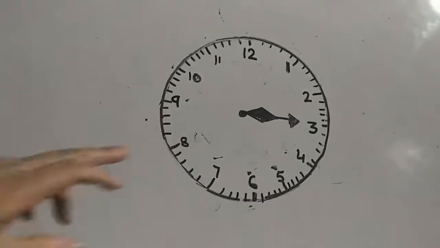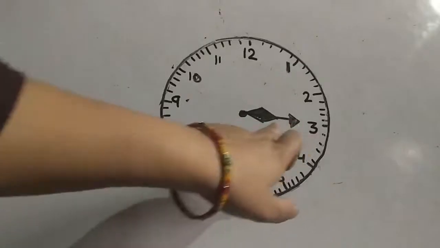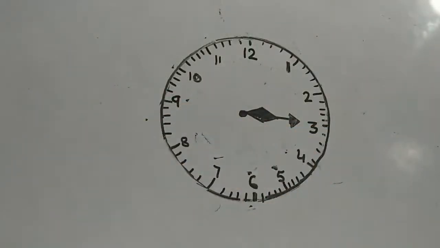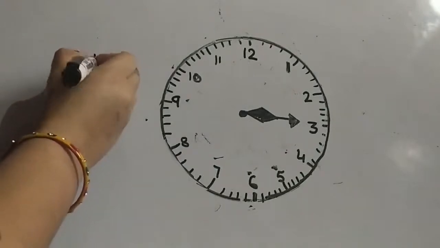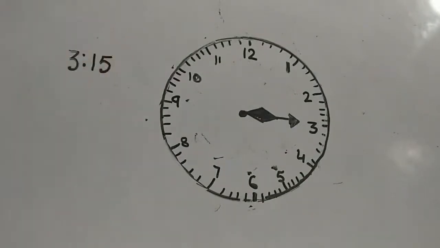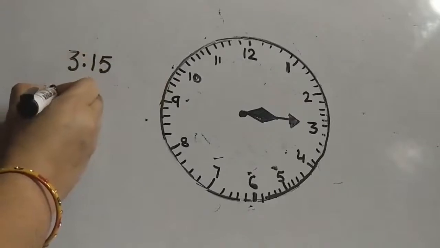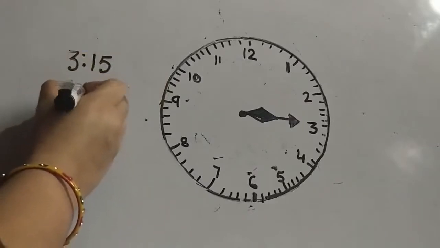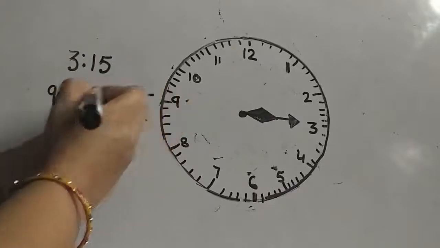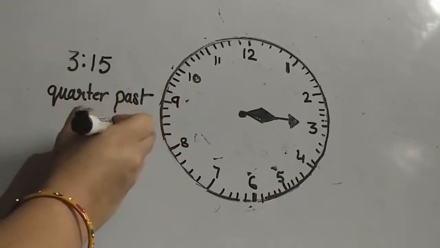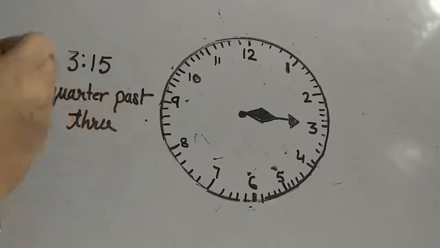Now both the hour and minute hands are in 3. So how will we write it? 3 hours 15 minutes, or we can say quarter past 3. 15 minutes means quarter past.